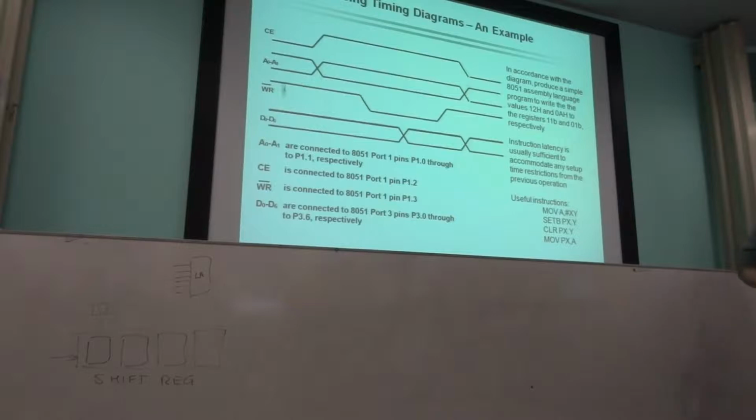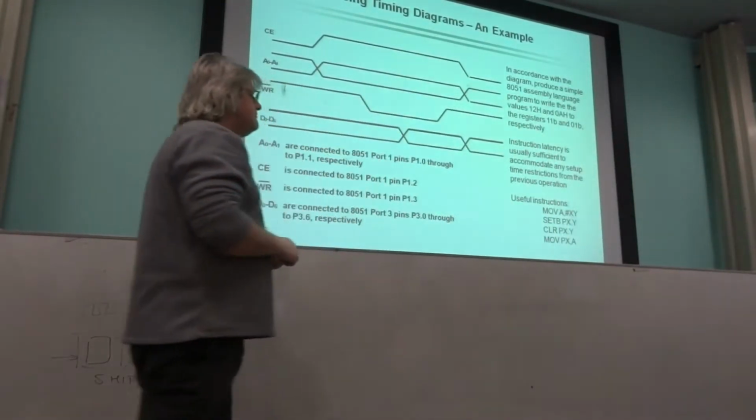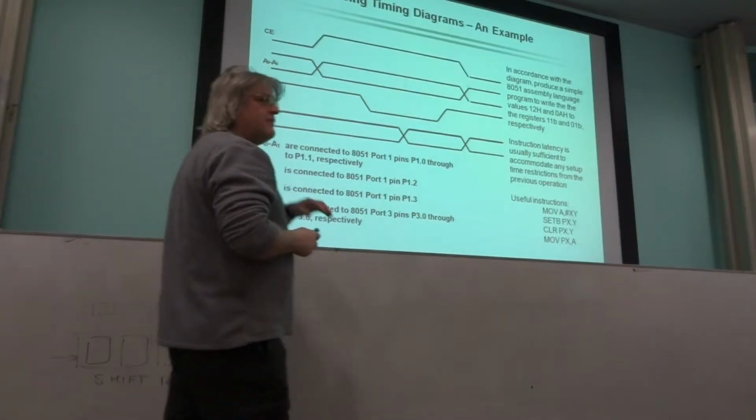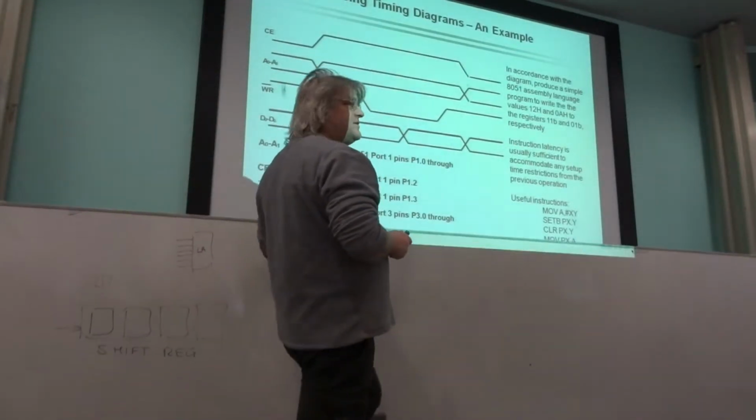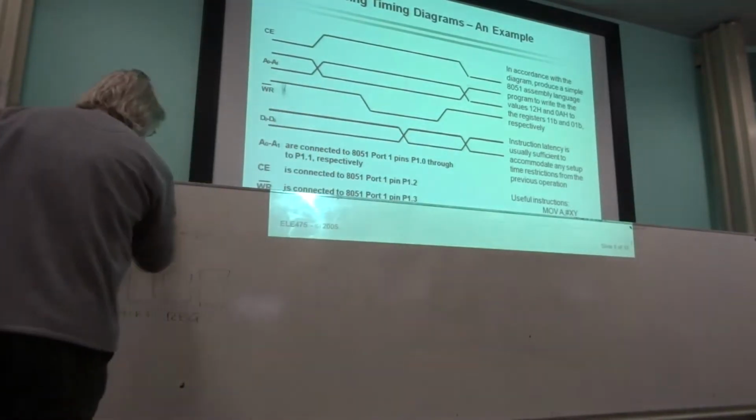So here's an example, and it's got an answer on the next slide, but we'll work it out from first principles, and I haven't looked at the next slide to know what the answer is. We'll just give it a go and see what we come up with.